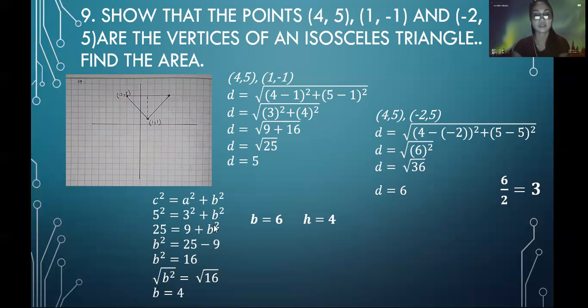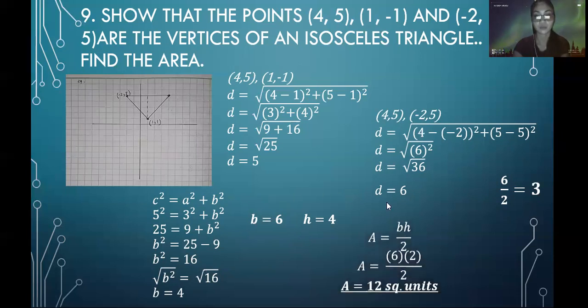Or let's say we transposed positive 9 to this side, that is why it becomes negative. So b squared is equal to 16 because 25 minus 9 is equal to 16. Then the square root of b squared is the square root of 16, so it will become positive 4. So the value of b is positive 4.